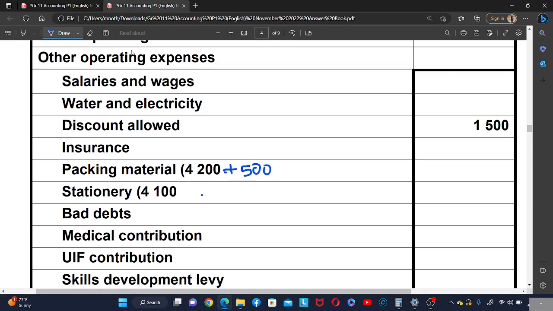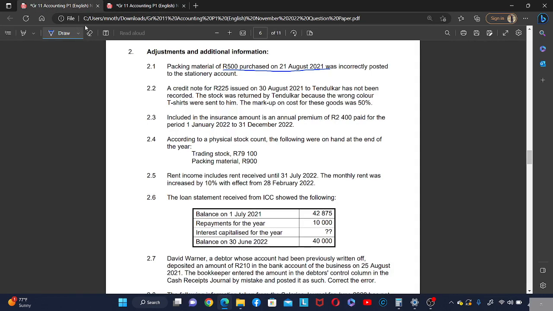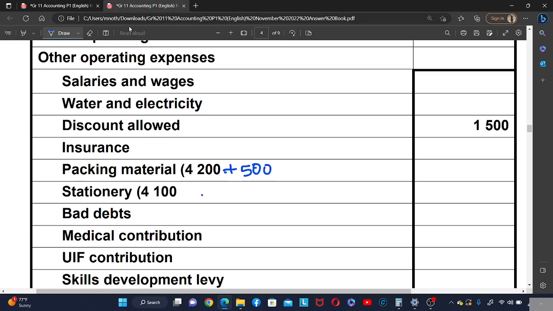Then let's go to the stationery and subtract the 500 Rand, because that 500 Rand is for the packing material. We were not supposed to increase the stationery, because when you buy packing material, it is the packing material that is supposed to increase.